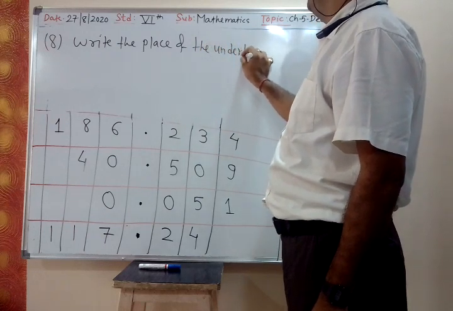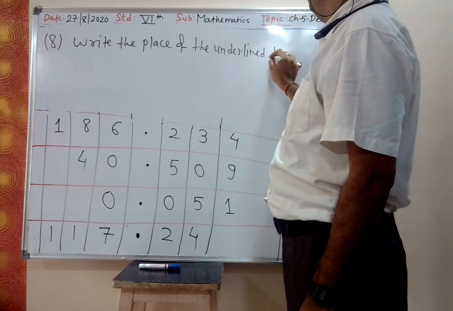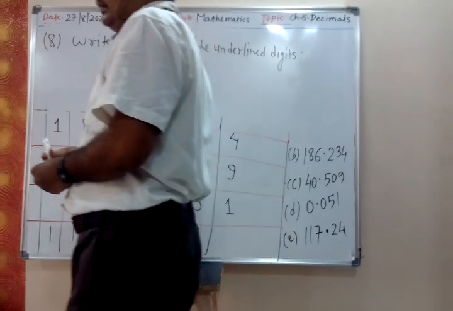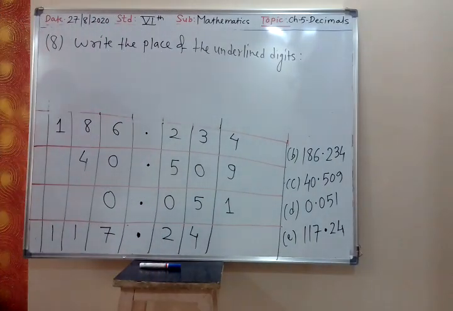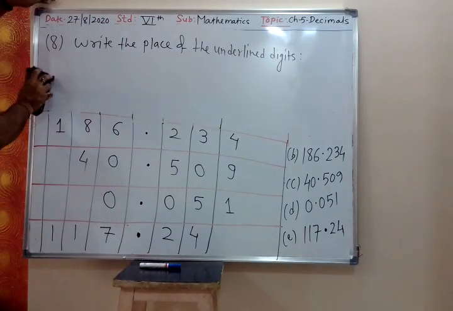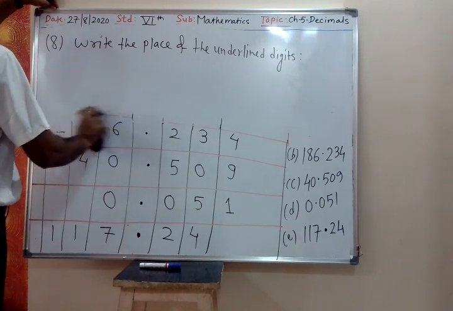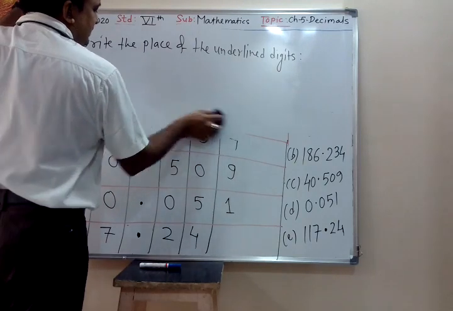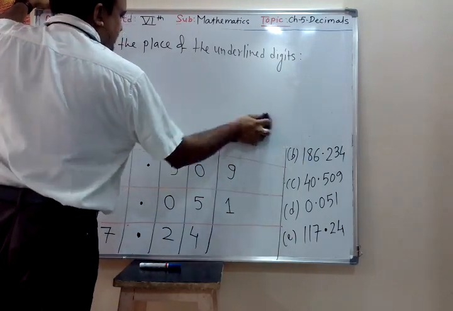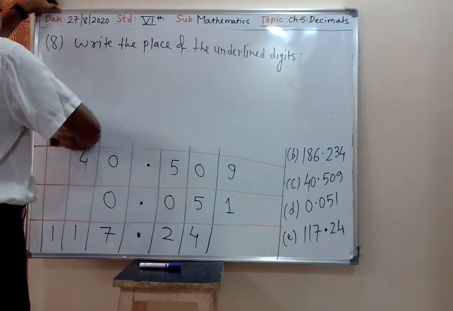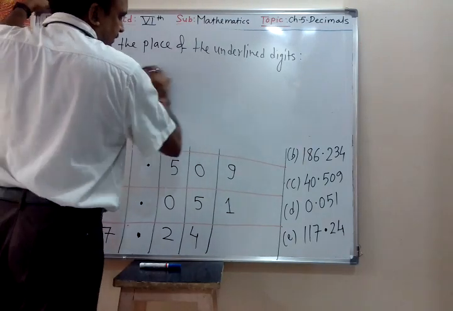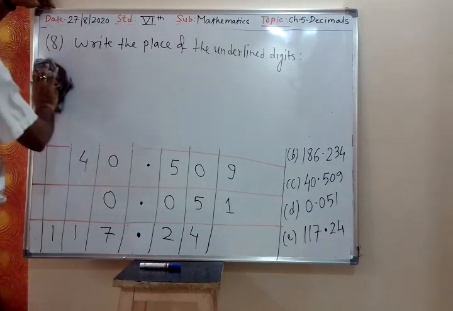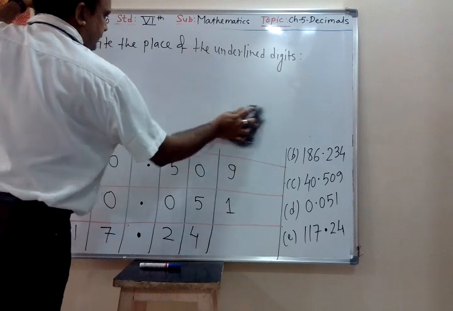So the digit is underlined. You have to write down the place. Place means position. This you remember. Place means position. It is at which position? That position you have to write down.